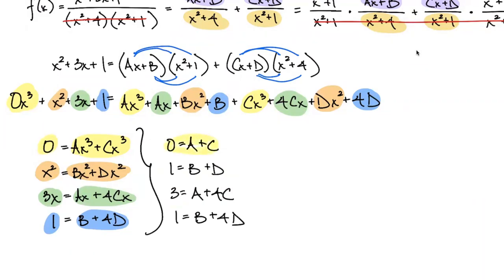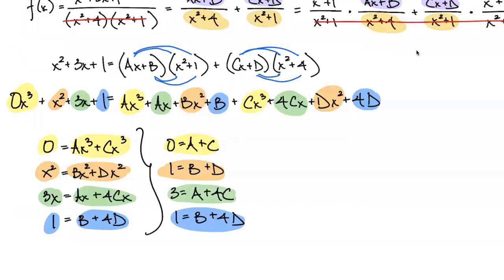So I still have my yellow equation, but I divided everything by x cubed. I still have my orange equation, but I divided everything by x squared. I still have my green equation, but I divided everything by x. And then my blue equation stayed the same.